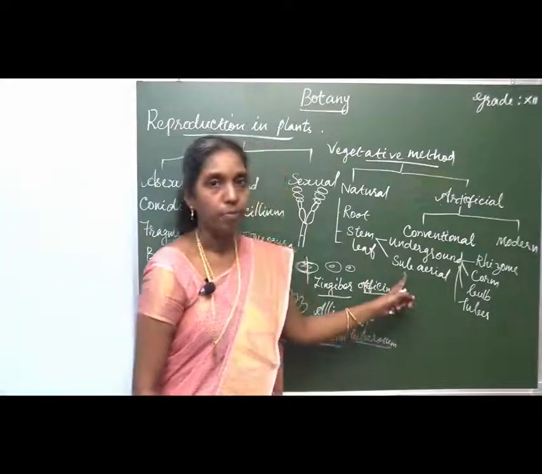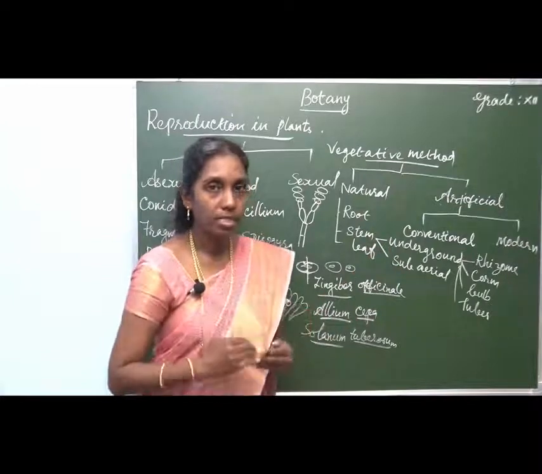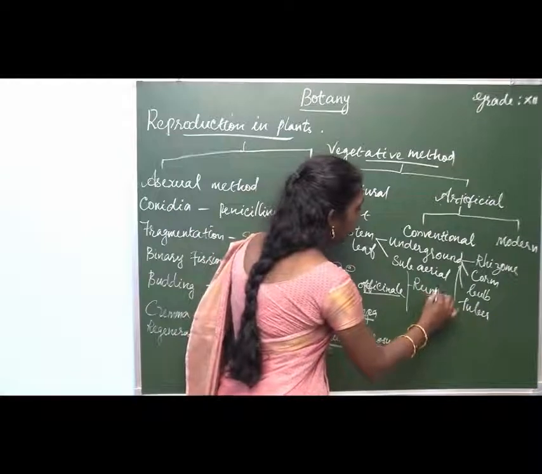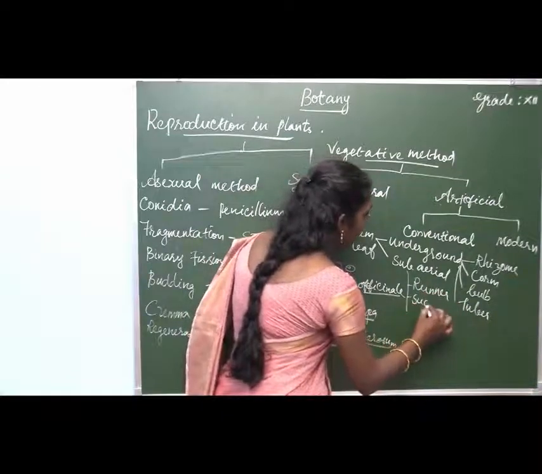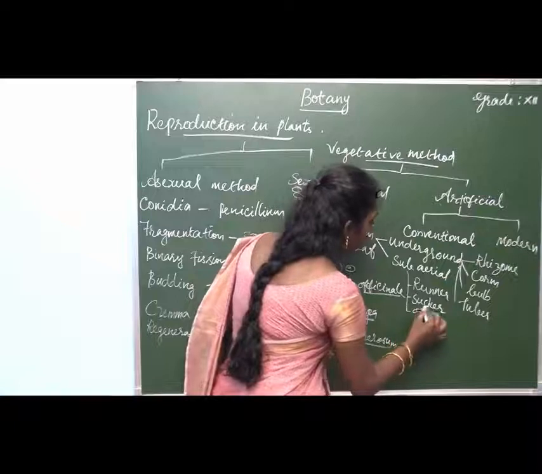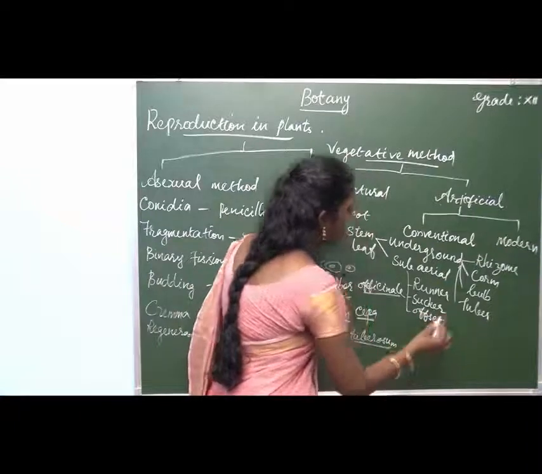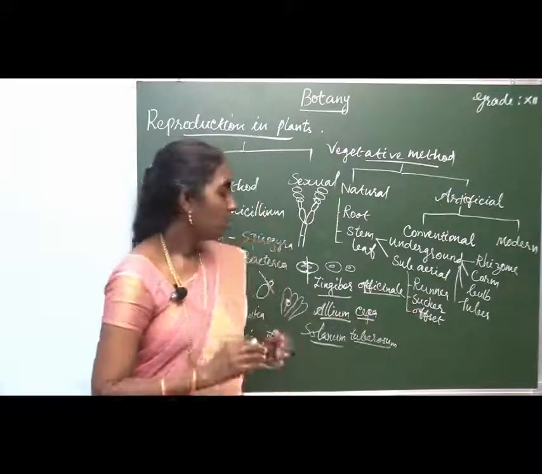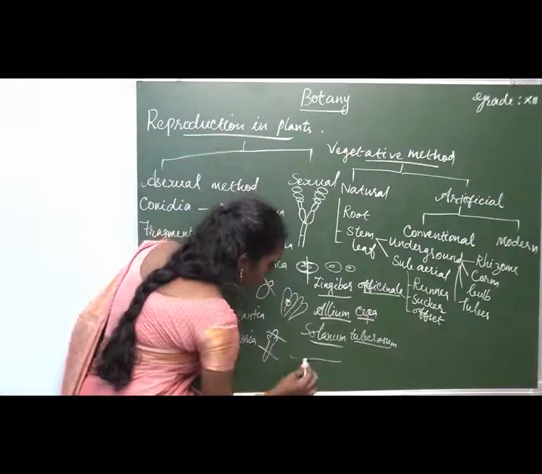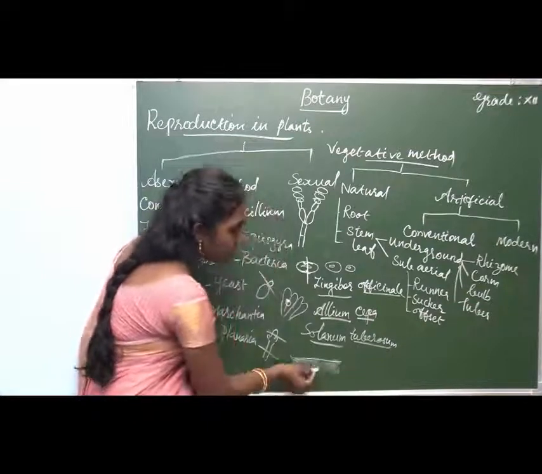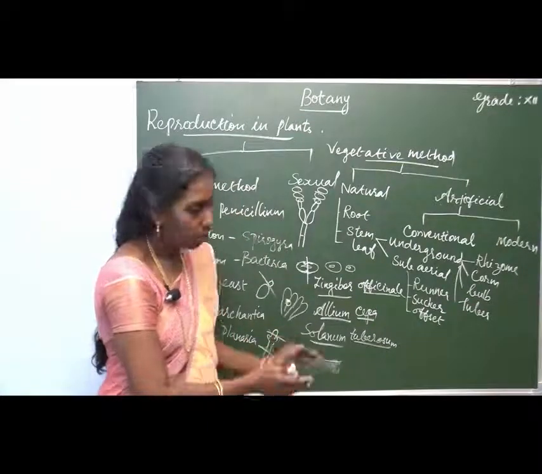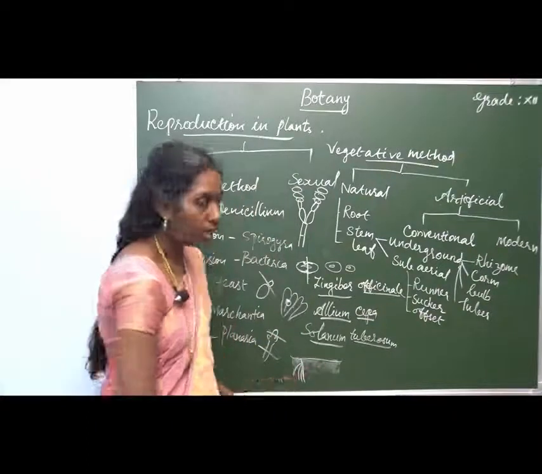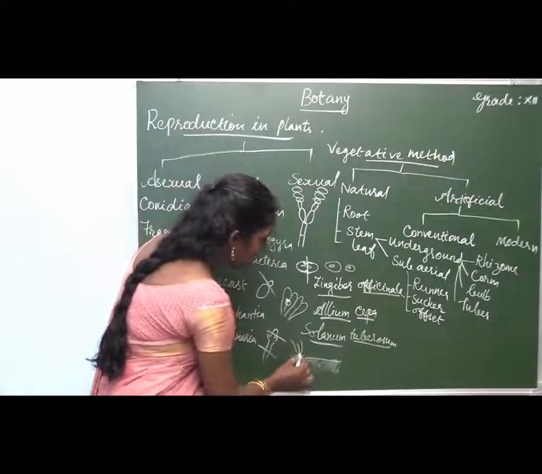In the same way, there are subaerial modifications. The subaerial stem modifications are classified into runner, sucker, offset and so on. The runner: if you look at the plant, here is the root system which is below the soil. One example of runner is Centella. This is the normal plant here.